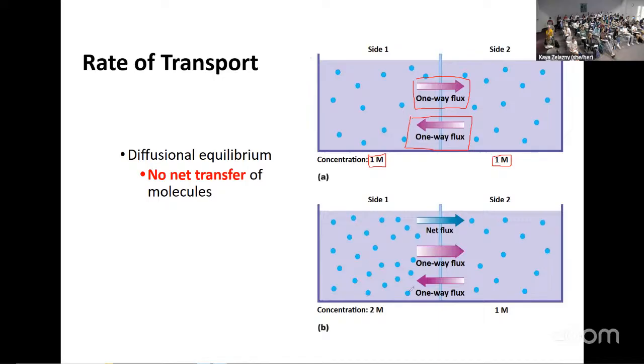At the bottom, we see something where we do have net flux, so net movement of our molecule or particle here. You can see that there's a lot more movement from side 1 to side 2 than there is from side 2 to side 1, giving us a net flux, a net transfer of particles from side 1 to side 2.